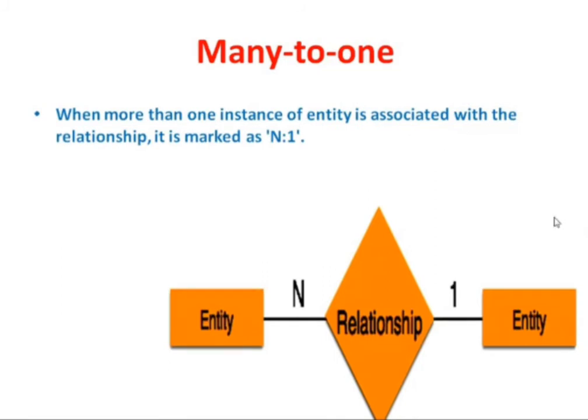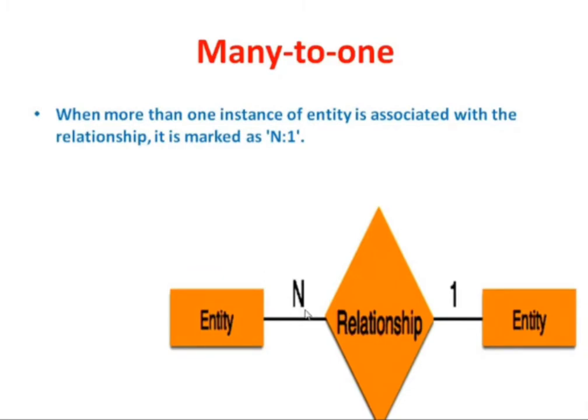Many to 1 is one and the same, as I said. When more than one instance of an entity is associated with one instance of the other entity, this can be explained in the previous method as well. So I will rearrange the entities here. Here I will take student, and here I will take teacher.